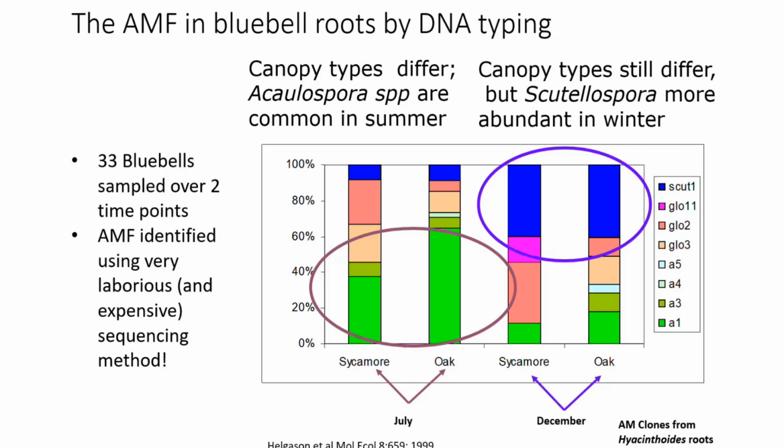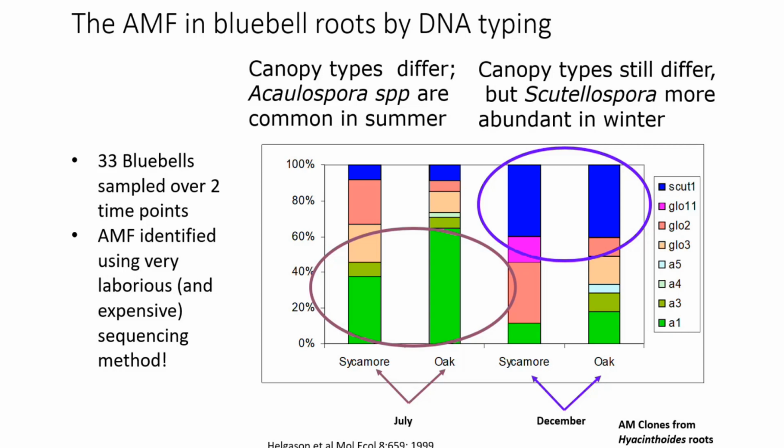So we figured that the majority of the root community available to the fungi, bluebells aren't the only roots in these systems because it's a woodland, and the major root systems are from the trees themselves. So we had sycamore dominated sites. Sycamore is an arbuscular mycorrhizal tree, and we had oak woodlands on the site, which is an ectomycorrhizal tree. So we would predict that they would be quite different.